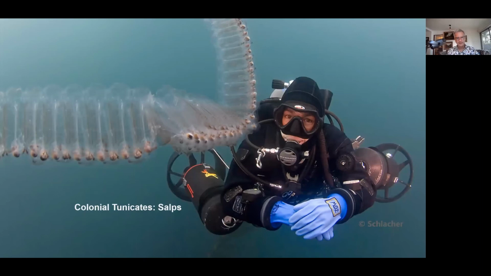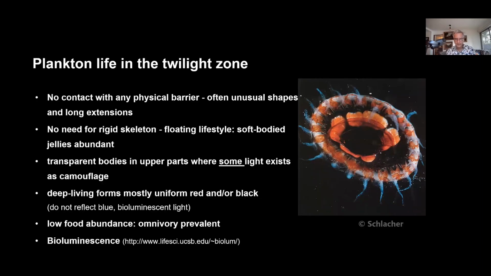Right, and in the twilight zone, what I said right in the beginning when we talked about the different stratification of the ocean, this is an interesting habitat because there is nothing like this on Earth for two reasons. The first one is you have permanent darkness, and the second one is none of those animals living there will ever have contact with anything hard.